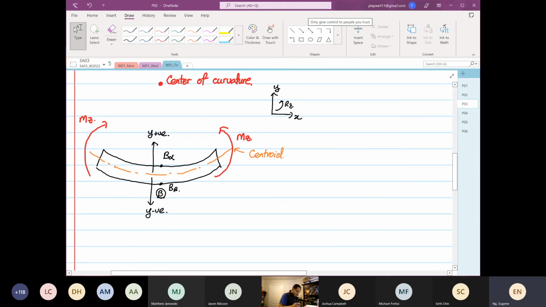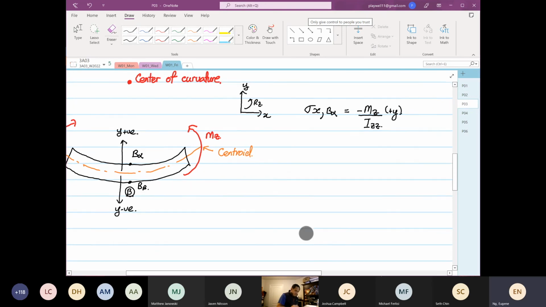Based on this notation, we can calculate stress x at point B alpha, which is equal to minus Mz over Izz. This is the easy part. Okay, Izz. Now the y is what? Positive.